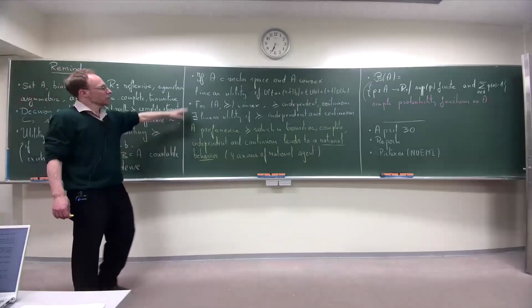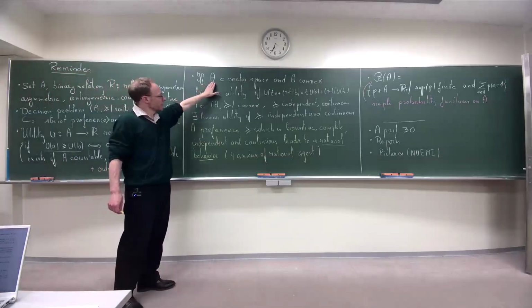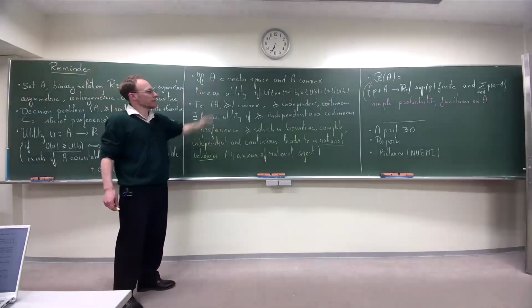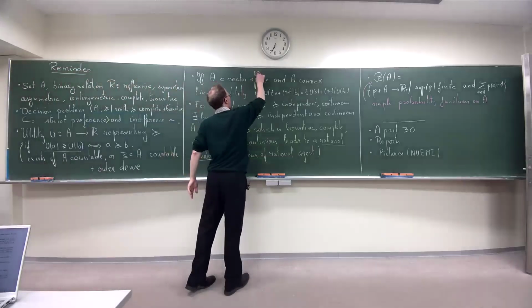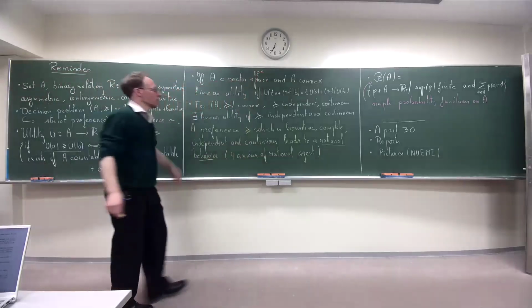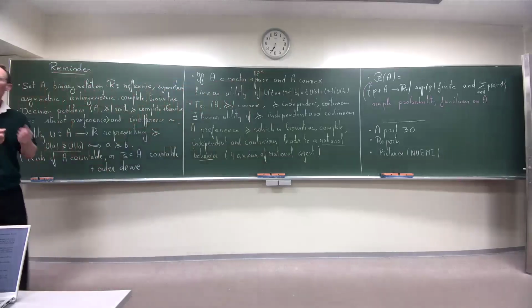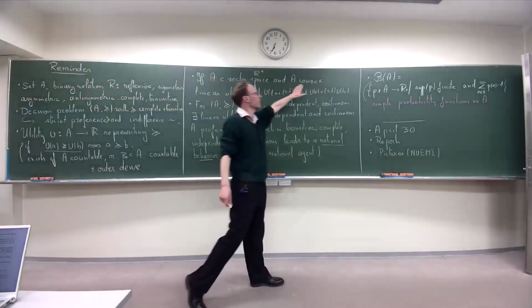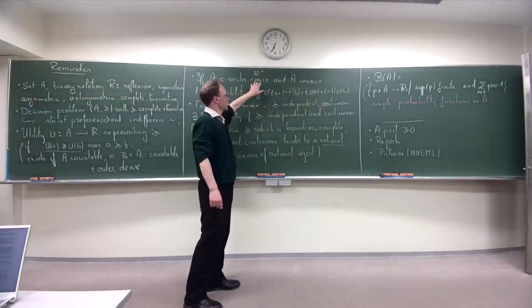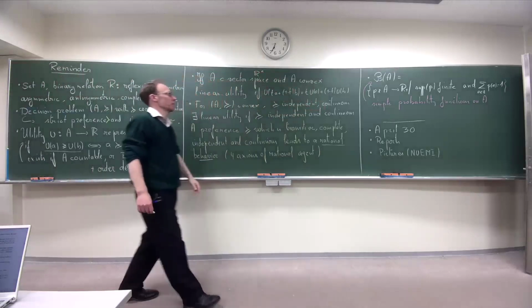Then if I add some more structure on A, so if I assume that A is inside a vector space, the typical vector space is Rn. But the point is, in a vector space, you can add two elements and you can multiply an element by a scalar. And then I define what a convex set means, which is precisely meaningful if you're in a vector space.